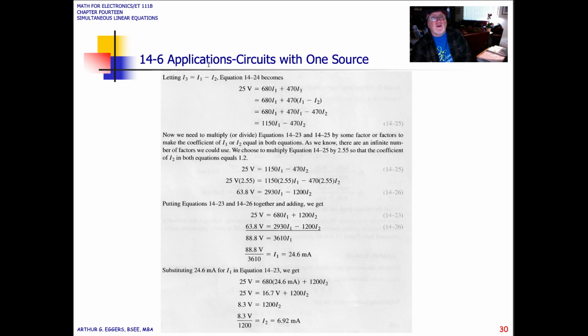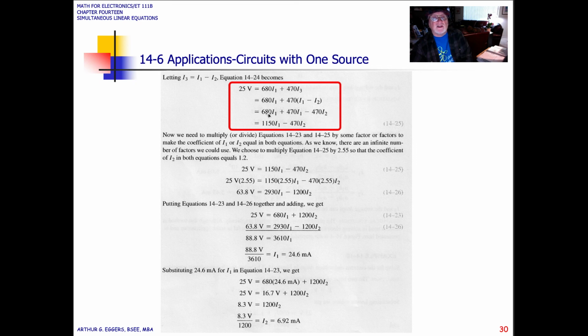Okay, as you go through and do your substitutions, I3 is equal to the difference of I1 and I2. So the equation becomes 25 volts, 680 plus 470. If we substitute that I1 and I2 into the expression here, now we've removed I3 and we've put in the two values I1 and I2.